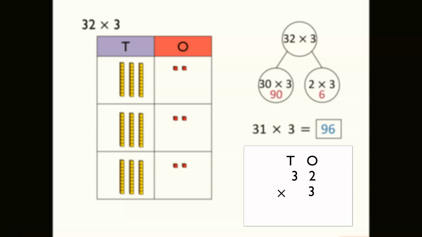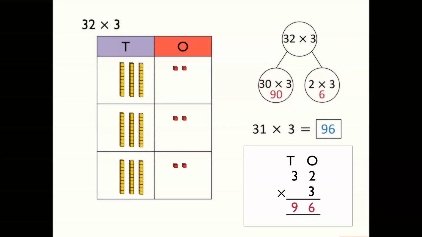Next, we draw our two lines, and this gives us our answer space. Begin by multiplying with the ones. 2 times 3 is equal to 6. Next, multiply the tens. 3 times 3 is equal to 9. 9 tens. We can see our answer is the same. 32 times 3 is equal to 96.